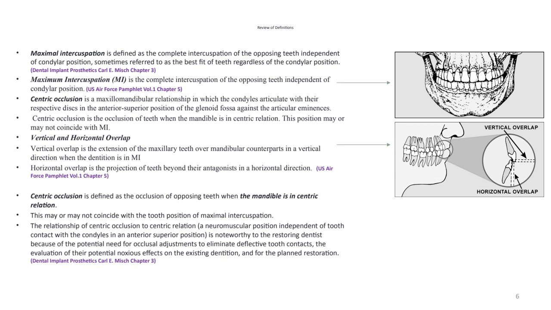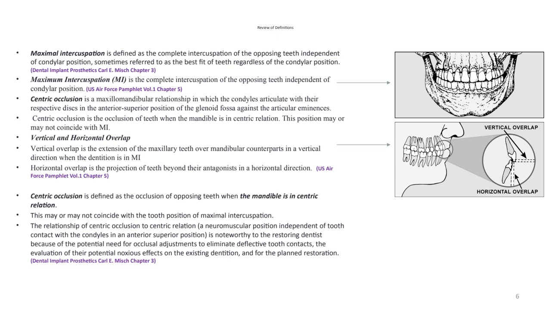Maximum intercuspation is the complete intercuspation of the opposing teeth independent of the condylar position. It's the same concept. I put it in the presentation because both books, Carl Misch and U.S. Air Force, have the same definition.